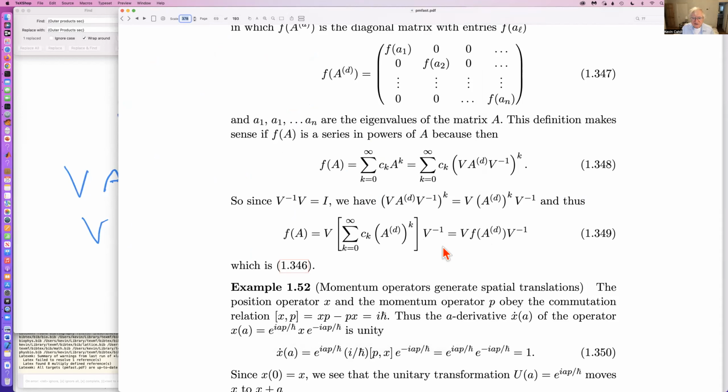And so you can write, if you have a matrix A that's non-defective and square, f of A is V, f of A diagonal, V inverse, with V being n by n, this being n by n, and this is f on the eigenvalues of A, f of a_1 up to f of a_n.